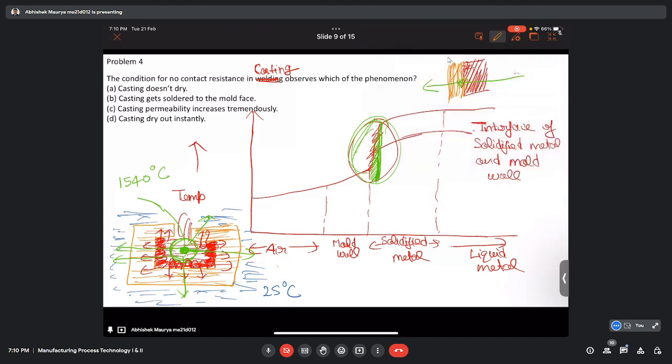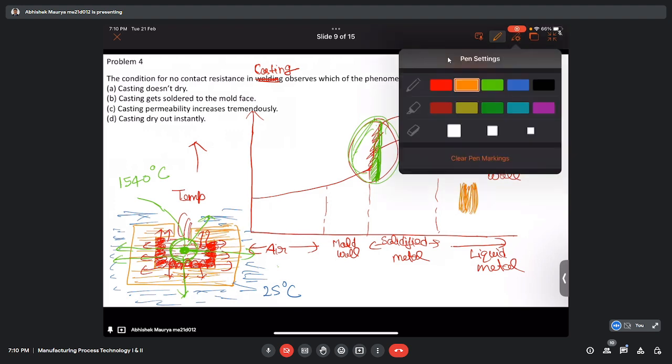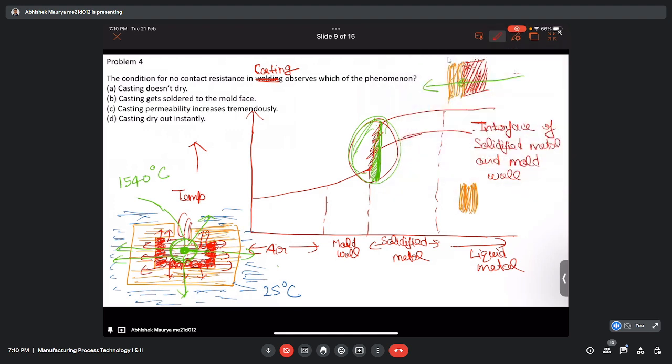It will look something like this. This is the mold wall. There will be some gap, and there is a minor air pocket in between the solidified metal and the mold wall. So this is the gap region.